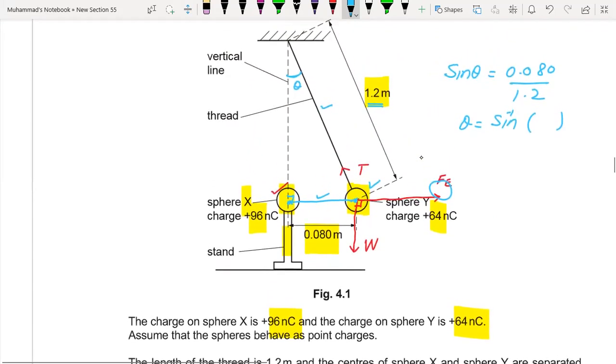So how do we find the weight? You know that the object is in equilibrium under these three forces.